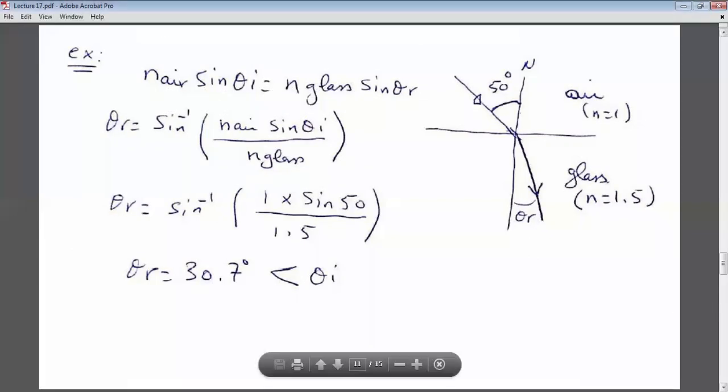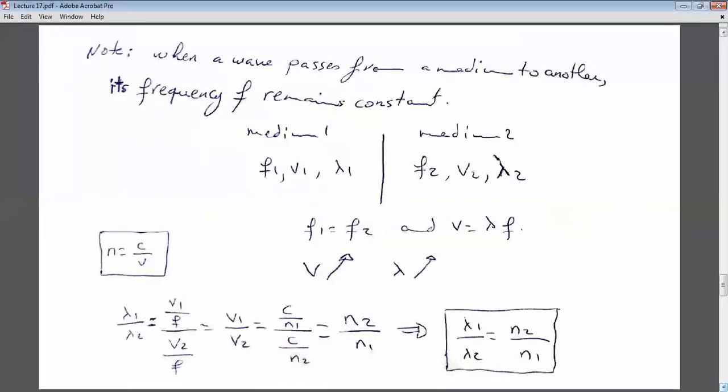Let's look at what happens to the wavelength. When a wave passes from a medium to another, its frequency f remains constant. So in medium 1, we have f1, v1, lambda 1. In medium 2, we have f2, v2, lambda 2. But f1 is equal to f2, and we know that v is lambda f. So if lambda increases, v increases, because the relation is directly proportional.